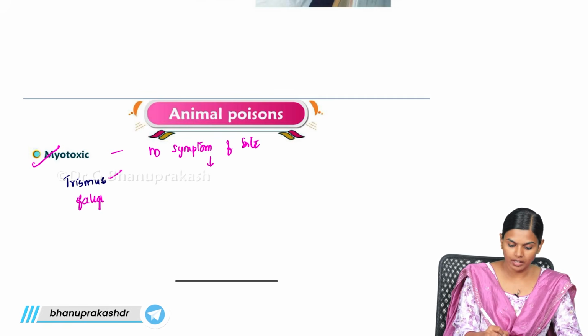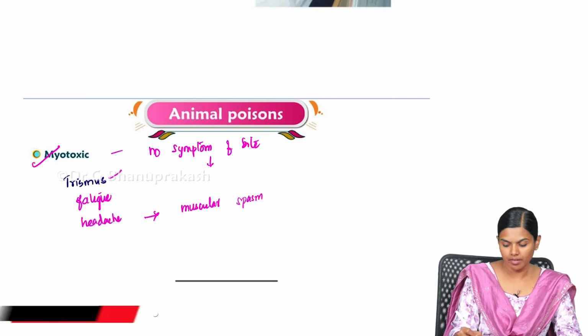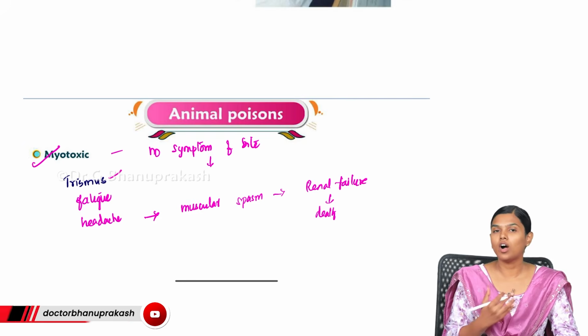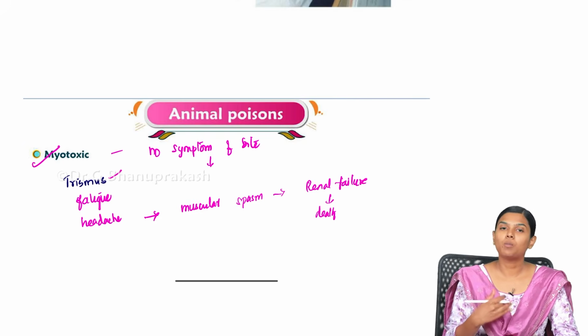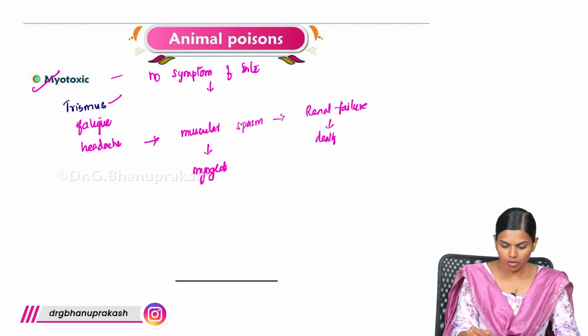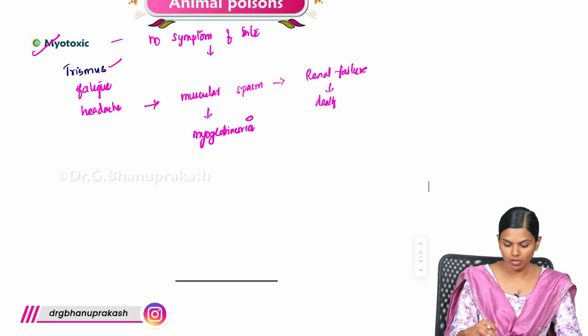Then they will feel fatigue, headache, and it will progress to muscular spasm, finally resulting in renal failure and death. So the snake bite will mainly affect the muscle. This will lead to myoglobinuria, which can result in renal failure and death. So this is about myotoxic snake.